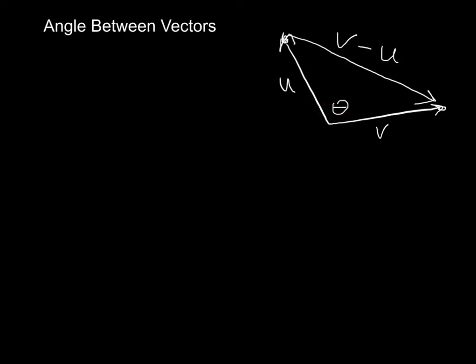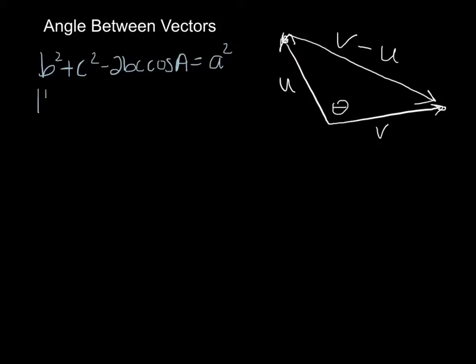So the law of cosines looks like this. So let's do a little substituting. For b squared and c squared, we're going to use u and v. And the length of these vectors would be their magnitudes.